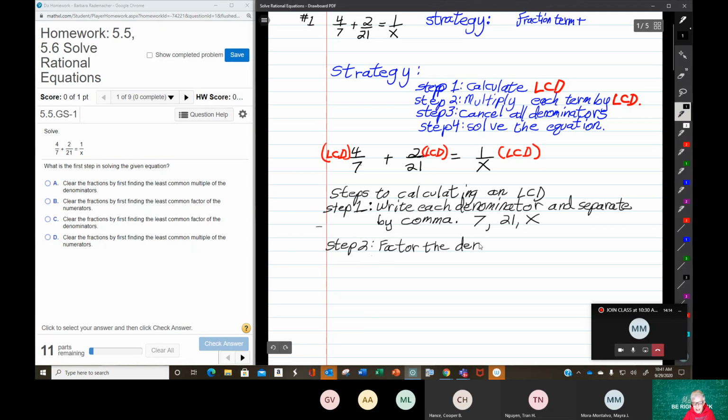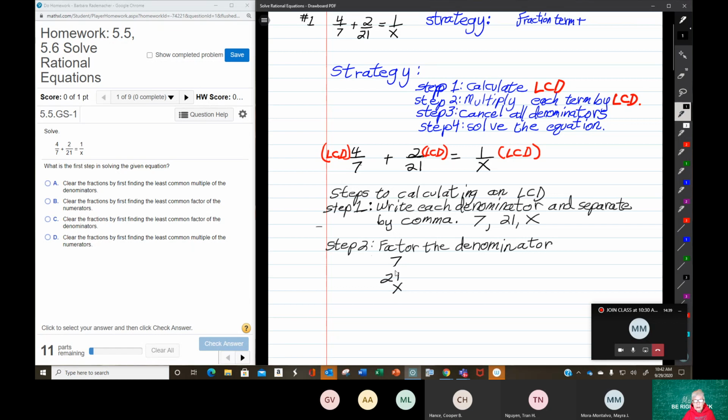You know, you do something and you get used to doing it, but you don't really think about putting it into words. So it's good to be forced to break it down into words. Okay, so I have a 7, I have a 21, and I have an x.